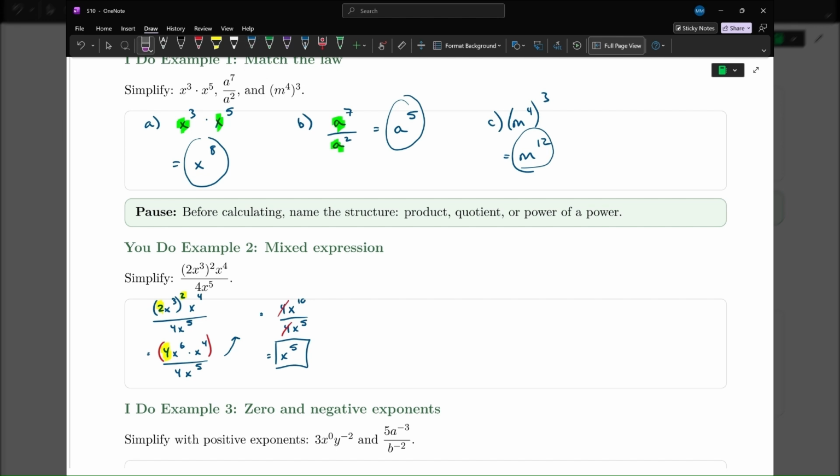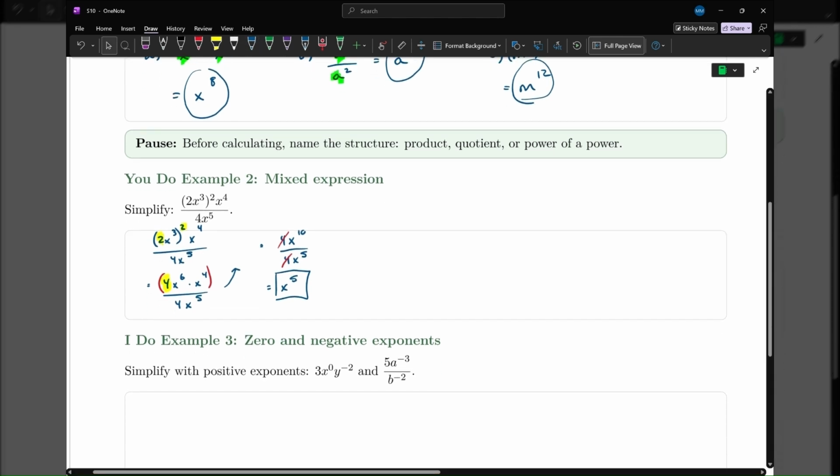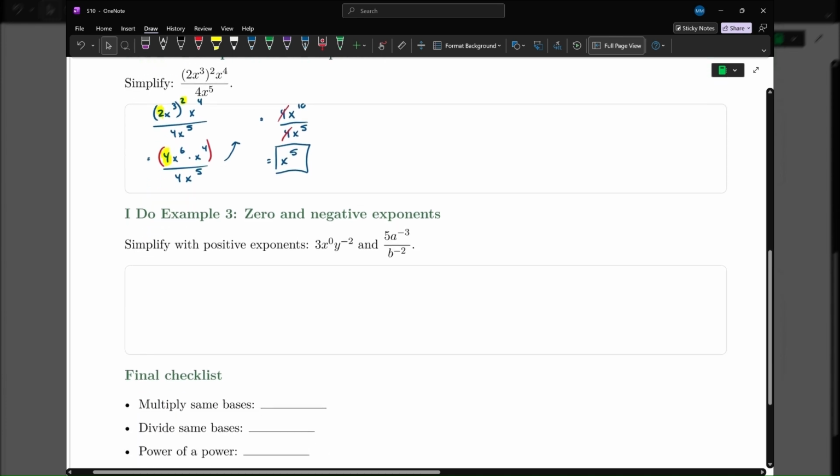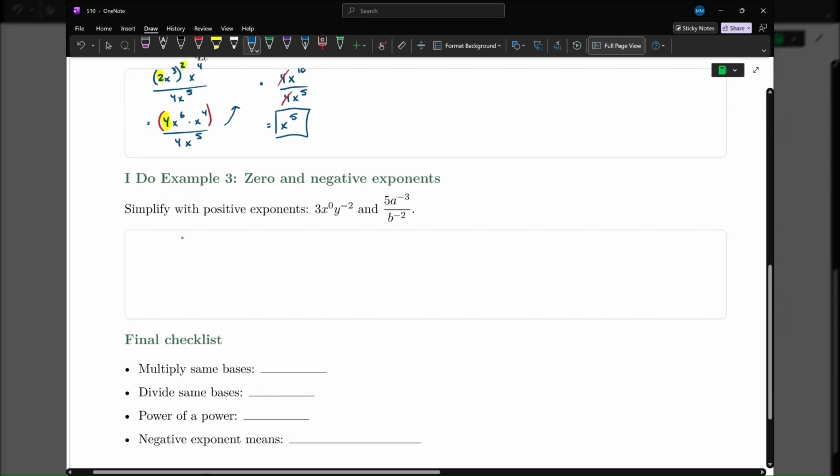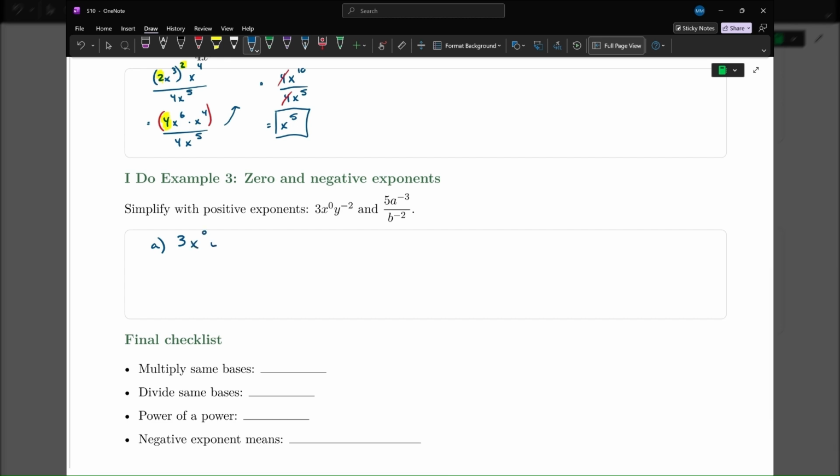The end. So another one with me. I've got 2 more to do here, so I'll again break it up. The first one is 3x to the 0, y to the negative 2. Negative exponents are kind of like irrational denominators. We don't love them. We'll often at the end of a question flip back to positive exponents. So let me walk through the 0 and negative exponents.